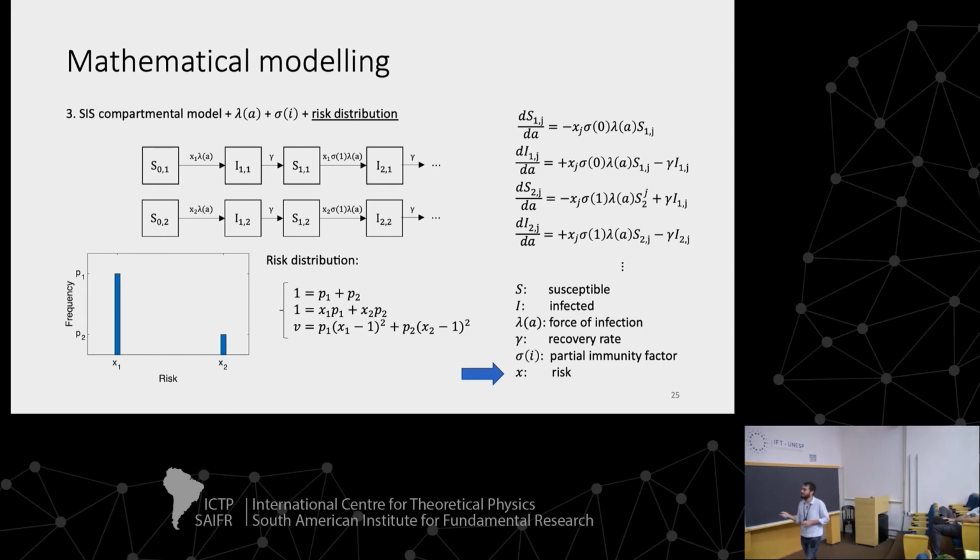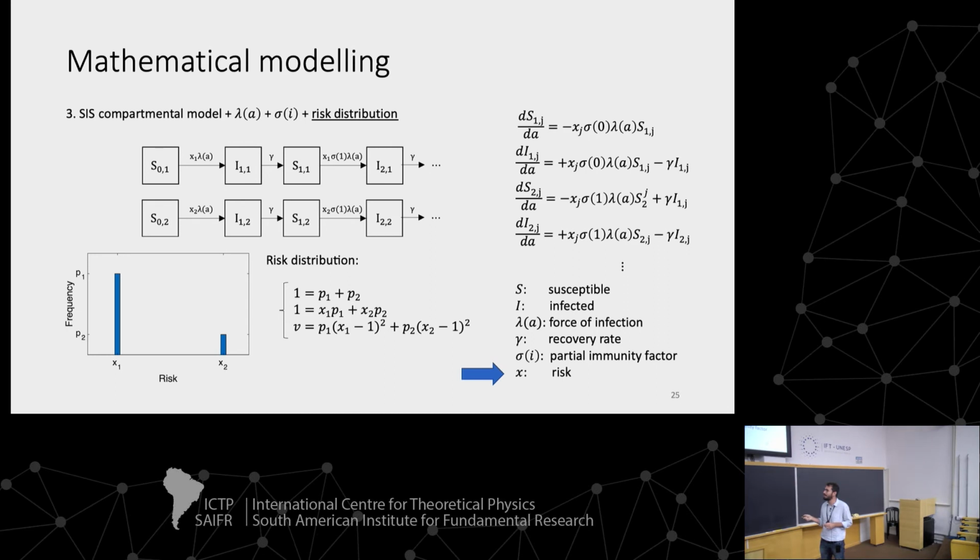We are saying that we have a proportion of people under high risk and a proportion of people under low risk. This distribution is constrained to this set of equations. So, of course, the proportion of the low risk group and high risk group, the sum is 1. We are assuming that the mean value of the risk is 1. It means that we are not controlling the force of infection with this risk distribution. The force of infection is controlled just by lambda, which is the force of infection.